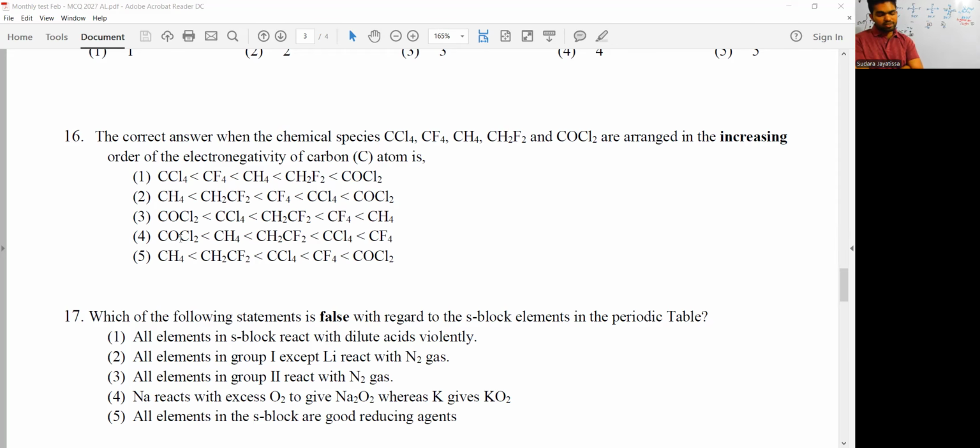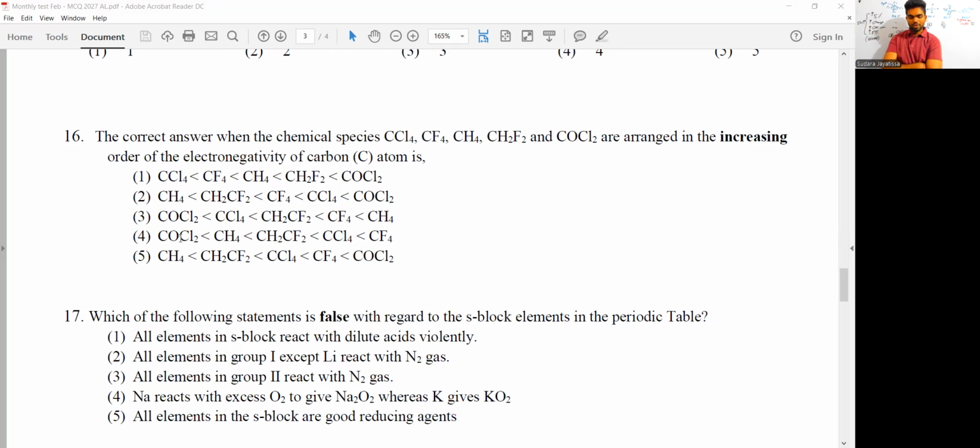The fourth one says sodium reacts with excess oxygen to give peroxide and potassium gives superoxide. That part is also correct. Remember the formula of superoxide and peroxide. Since we studied that in class, students remember the name, but sometimes you may face trouble if you forget the formula, so study the formula too.